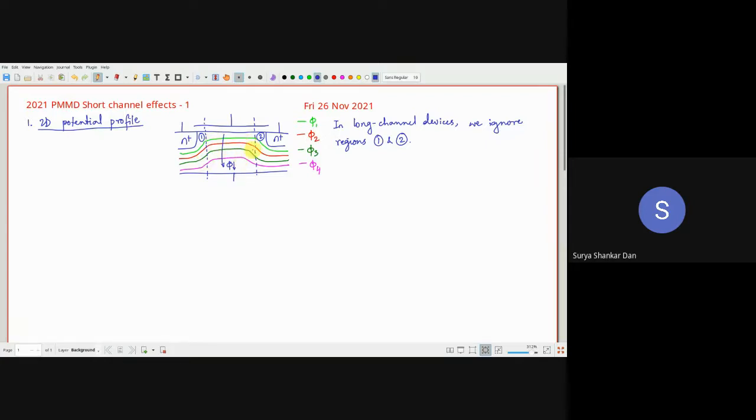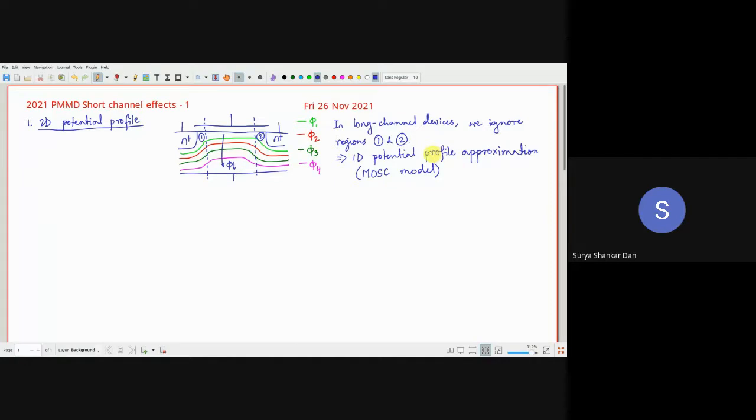So this situation results in the 1D potential profile approximation. Now, this is essentially the same as the typical MOS capacitor formulation modeling, or the 2-terminal MOS model.